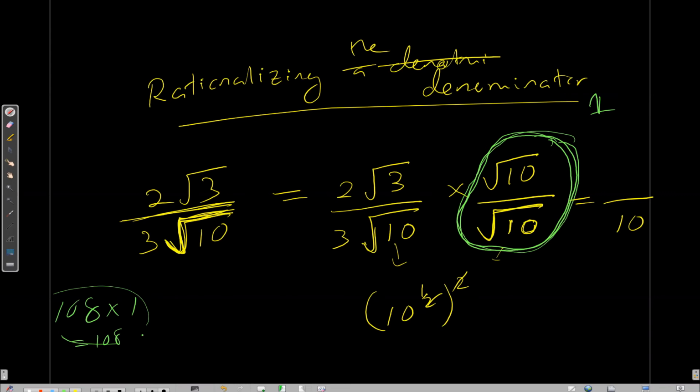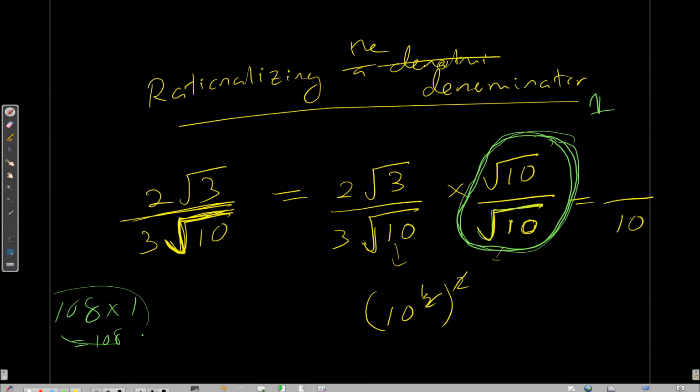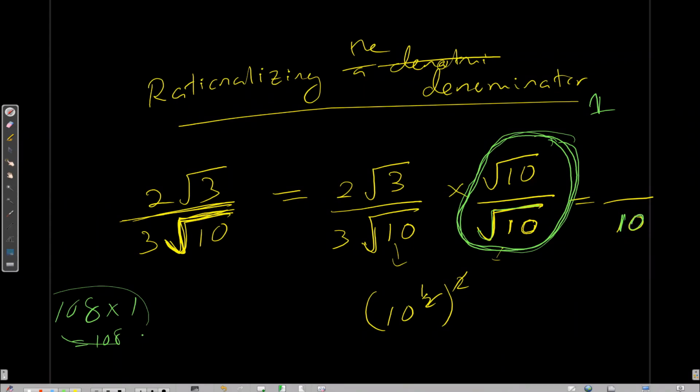So when I'm multiplying by square root of 10, it will get rid of the radical sign in the denominator. But I will have a radical in the numerator, so it's 3 times. I can now put everything inside. So the answer here, 2 times 5, so square root 30 over 15. I hope that is clear.